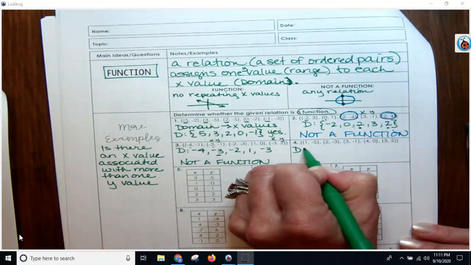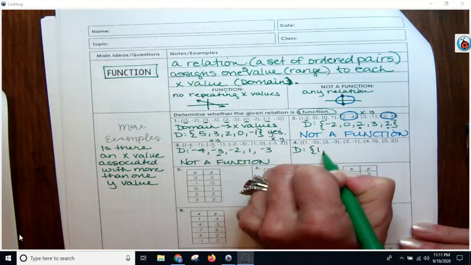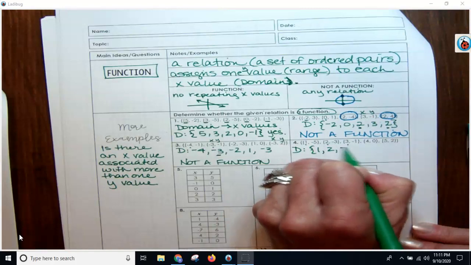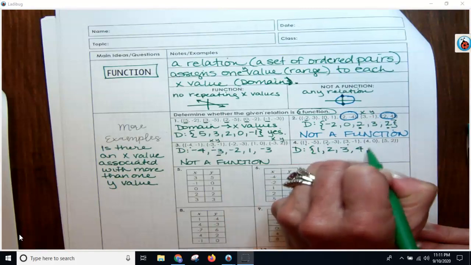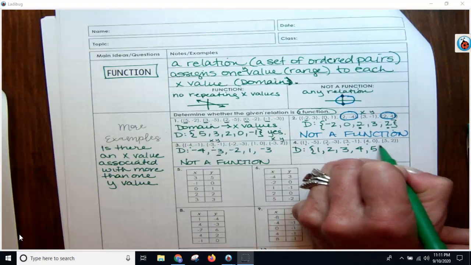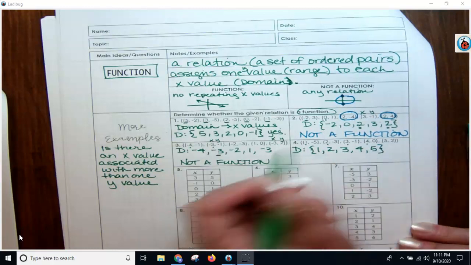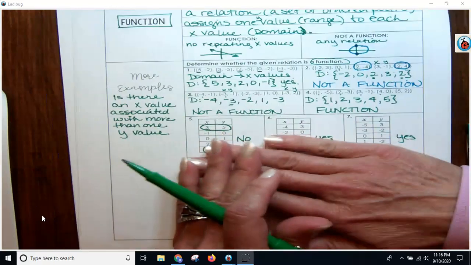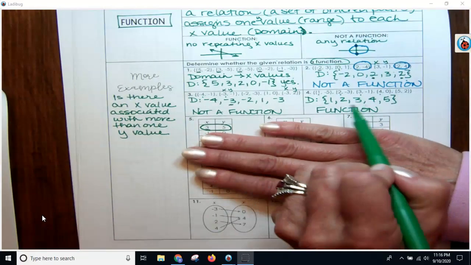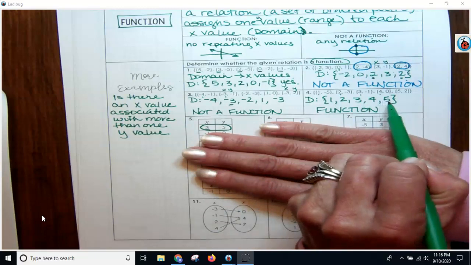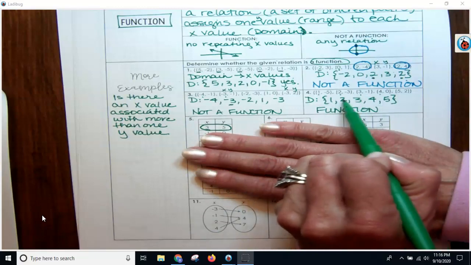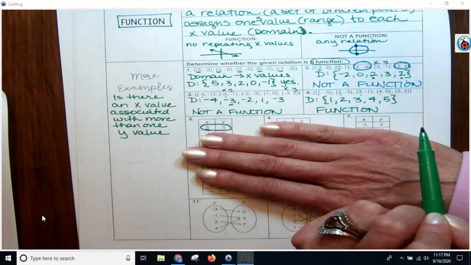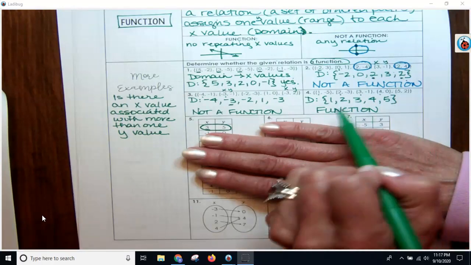My domain is going to be 1, 2, 3, 4, and 5. I'm not worried at all about what my y values are. I'm worried about just my x values. Since the x values are all different numbers, with no repeating, it will be a function.